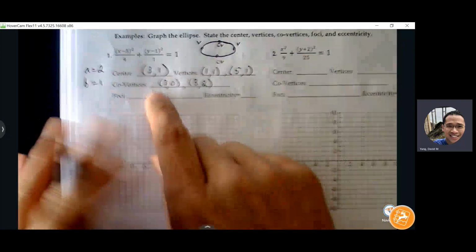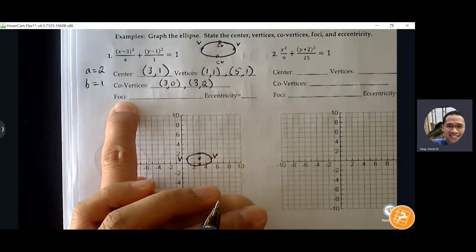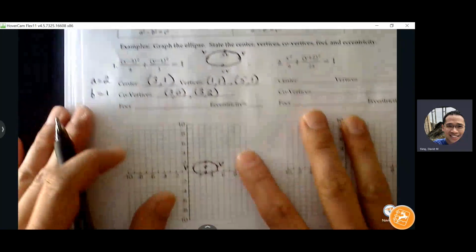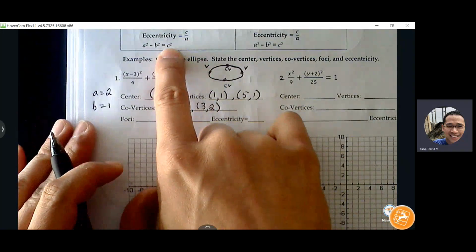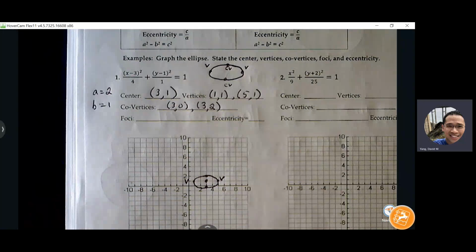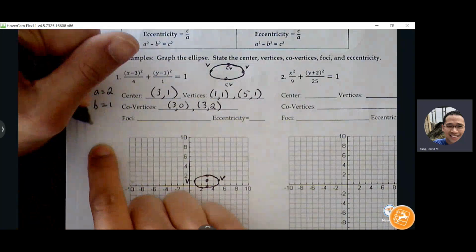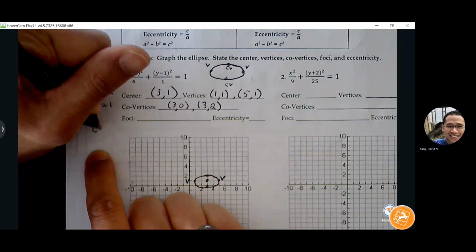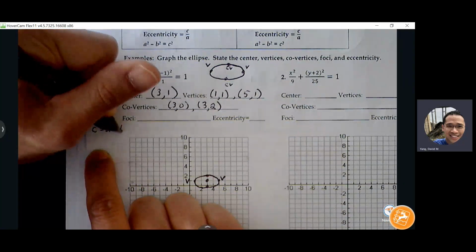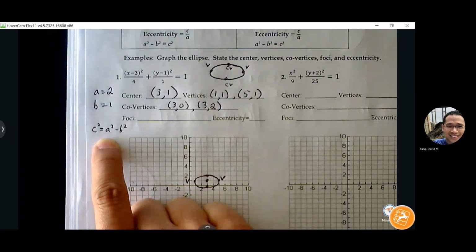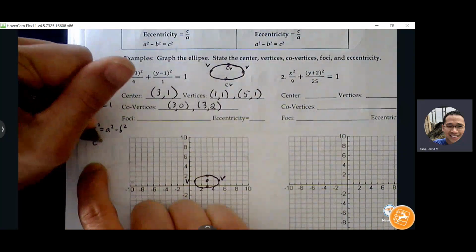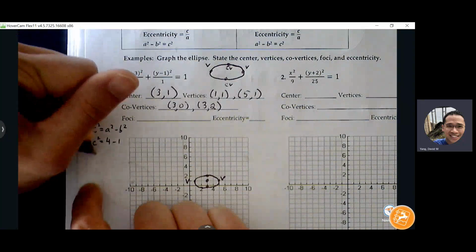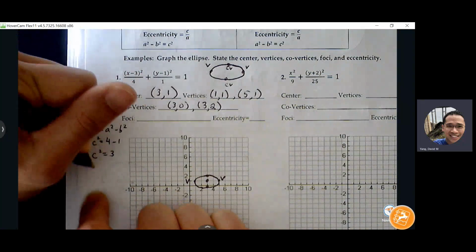Okay, there are 2 focal points. Again, this is pronounced foci, with an S. We want to go through our formula to find our C value, because the C value is going to help us find the distance from one point to the next. Our formula is C squared equals A squared minus B squared. C squared equals 4 minus 1, so C squared equals 3. What's my C value?